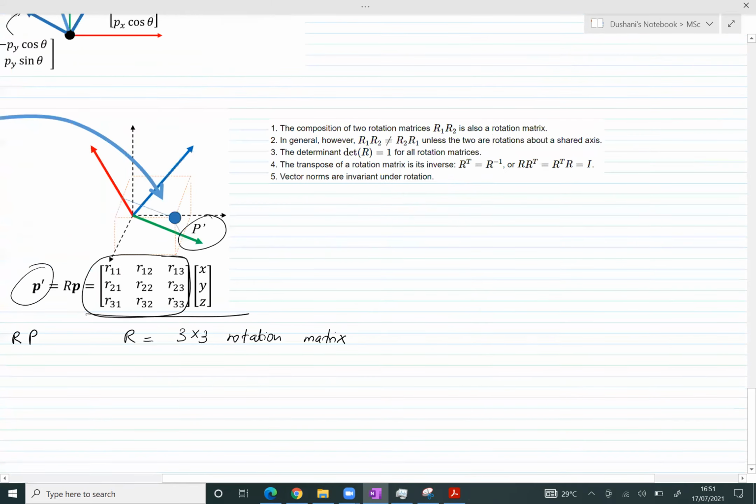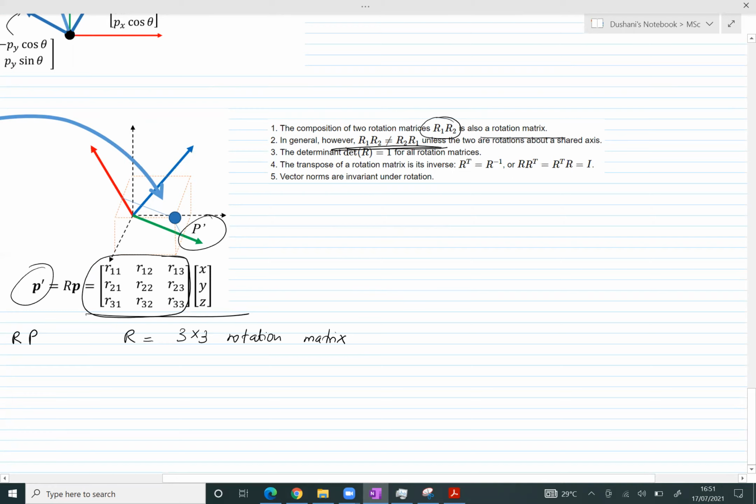So just like in 2D rotation, rotation matrices satisfy several properties. The composition of two rotation matrices R1 and R2 is also a rotation matrix. The composition of these two is also a rotation matrix. However, this composition is not commutative.